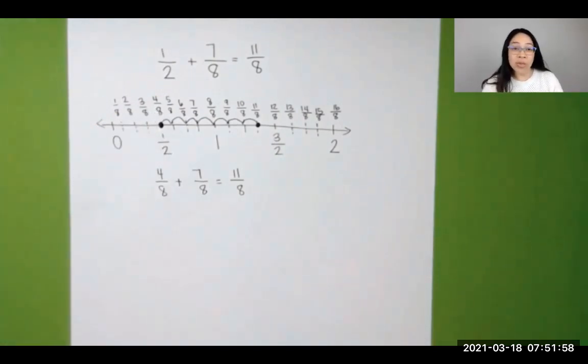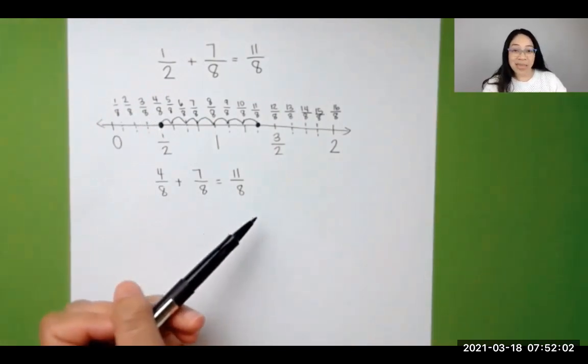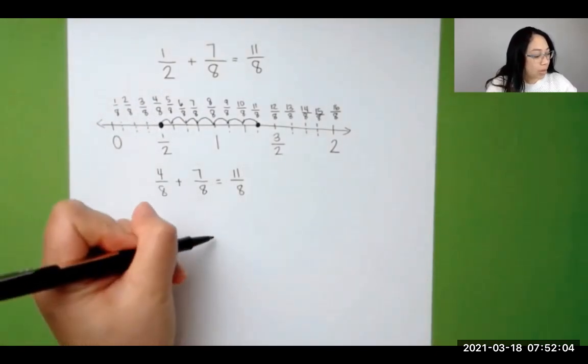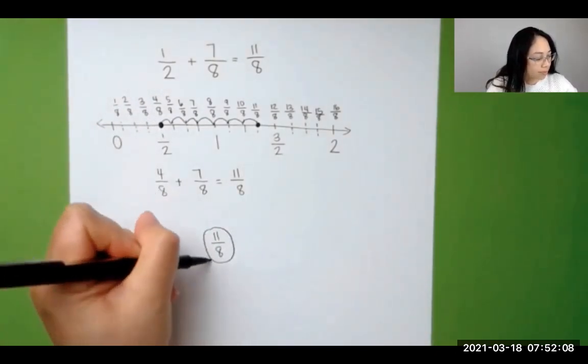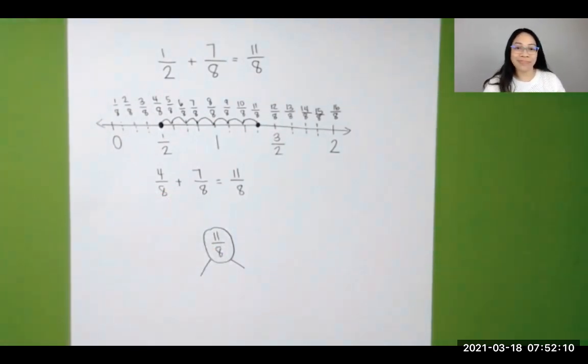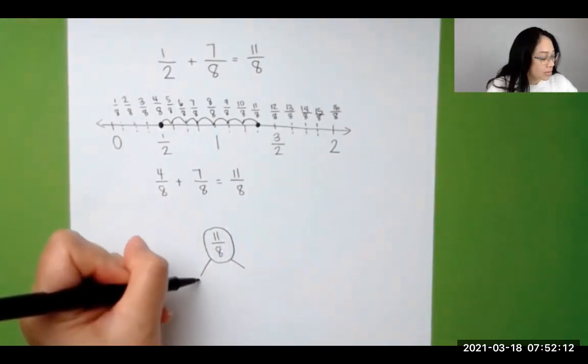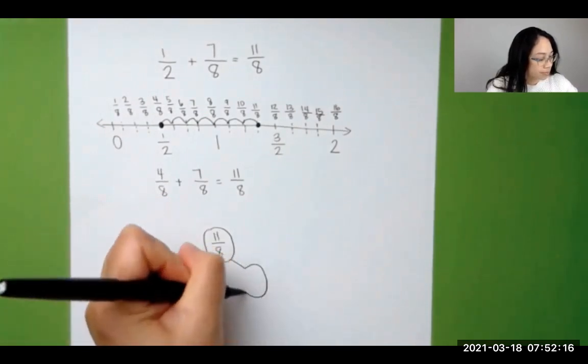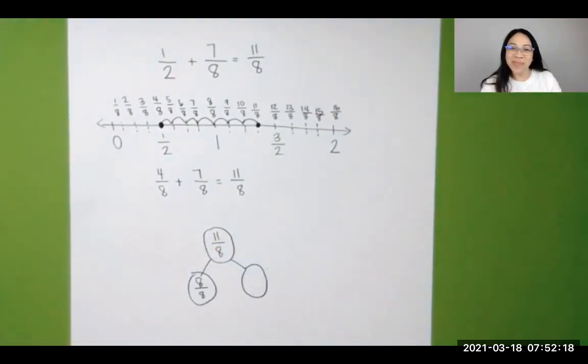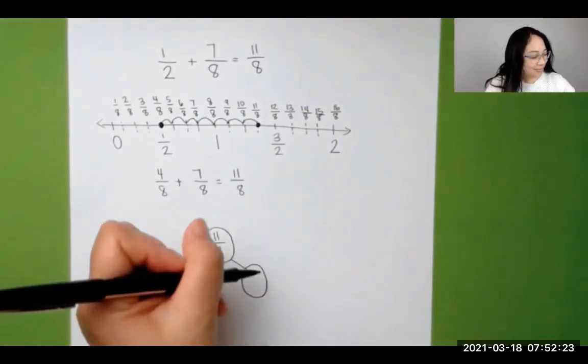What we're now going to do is use a number bond to rewrite 11/8 as a mixed number. So 11/8 is our whole. 8/8 is one part. What's the other part? 3/8.